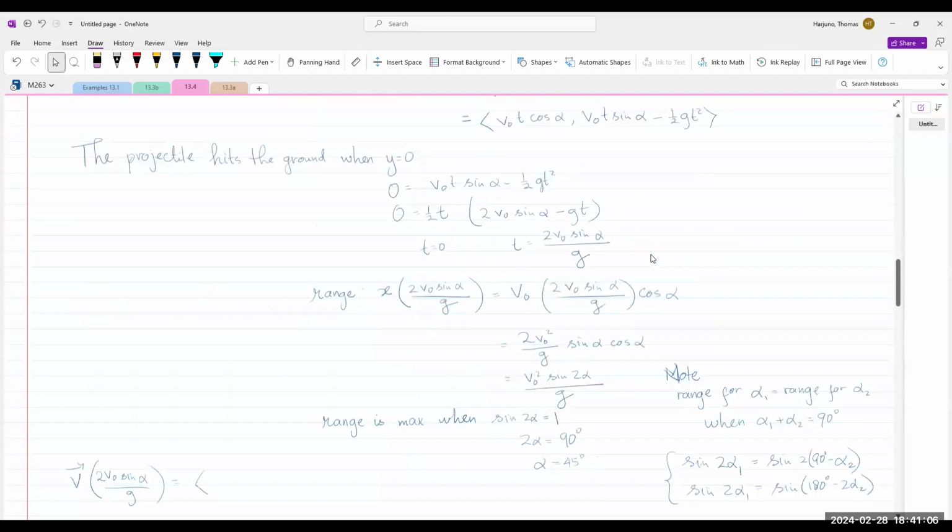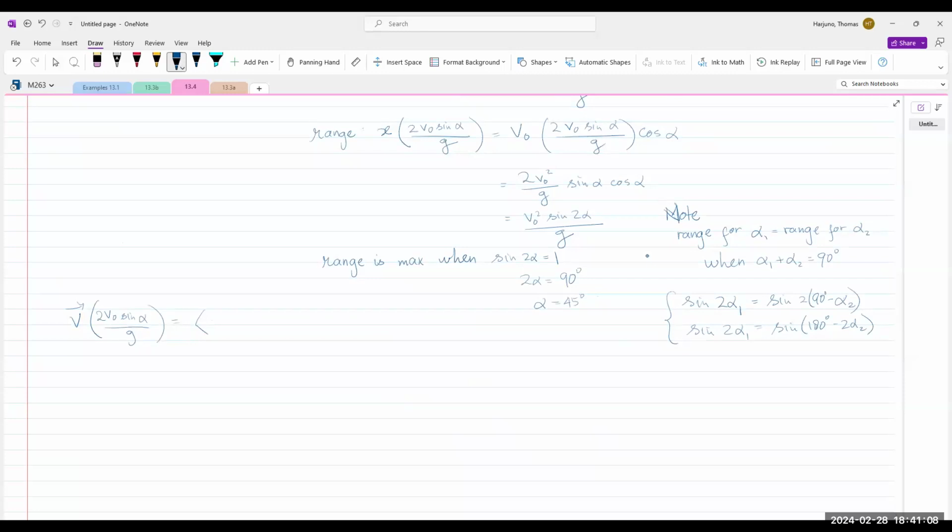So the velocity will be v naught cosine alpha, v naught sine alpha minus g t, minus g times t.